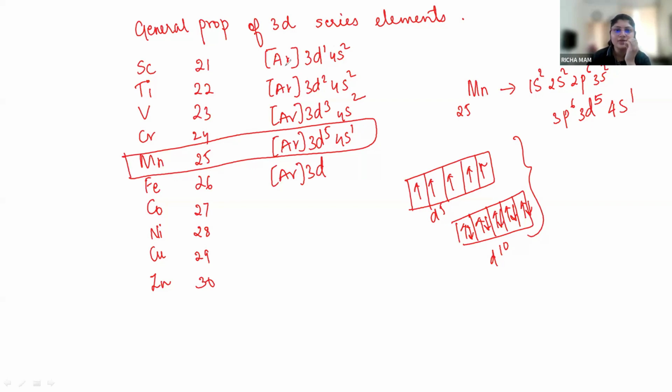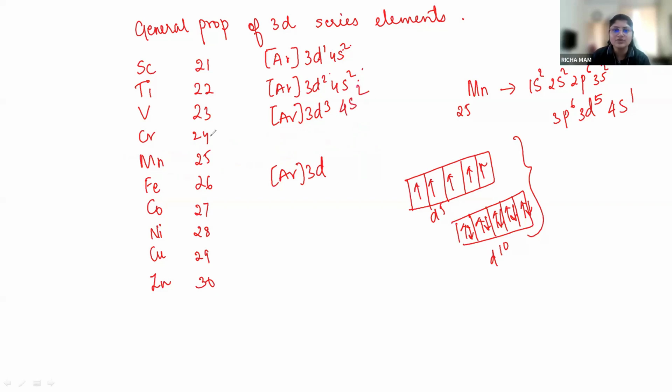Counting 18, 19, 20, 21, 22, 23, 24. So this is for chromium. We have written it for chromium, not for manganese. This is 4s2, so this is scandium, titanium, vanadium, right? Now we have written this for chromium.